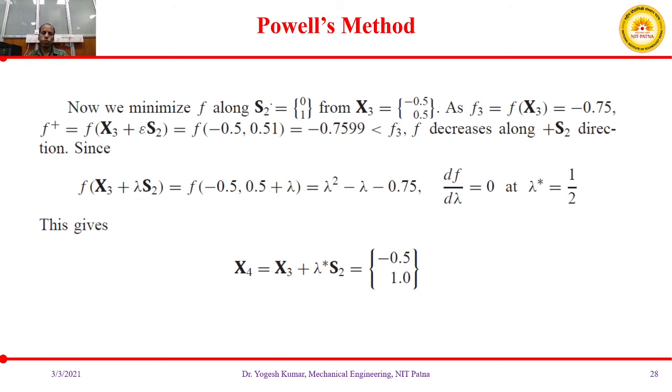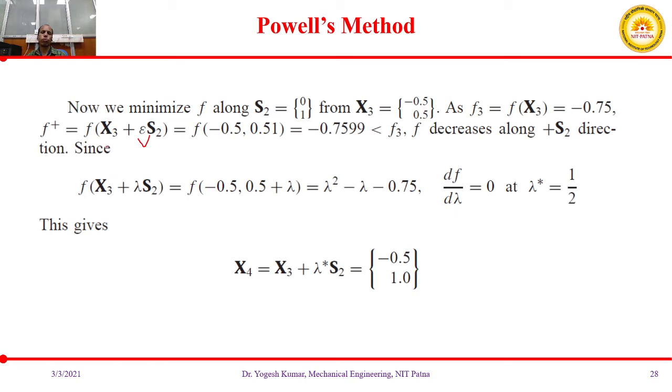Now we will again try to find the minimum value along your S2 direction. So again we will recheck with the same probe length, that is epsilon.